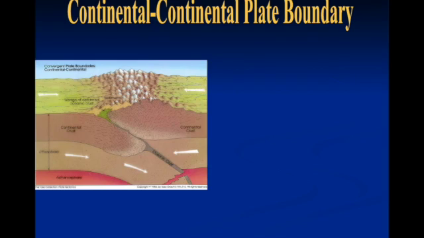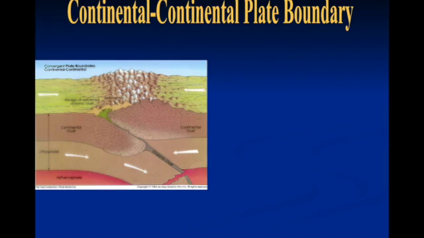Take a look at the picture here. The big thing you should notice is that while it looks like some of the lithosphere is being pulled back under, it's the continental crust that we're going to pay attention to. While some of it might get pulled down a little bit, it doesn't get pulled all the way back down into the mantle to be recycled, like we talked about before with subduction.